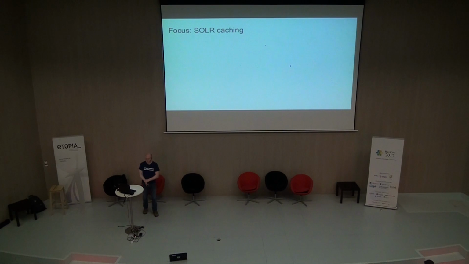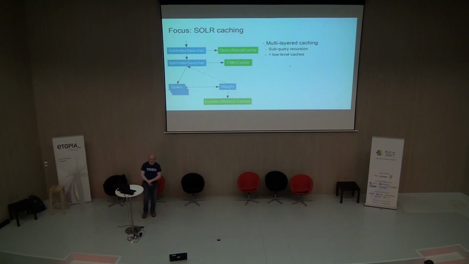A second focus in this talk will be Solr caching. And basically, we have the same situation here. We have a multi-layered caching. So we have high-level caches that try to shortcut a query execution quite early. For example, if the entire query already has been run with the same kind of parameters, or the exact same parameters, an exact same user, then basically the results can be returned immediately without doing any further query at all, including even ACL checking, which can be cached in that way, or is included in this caching.